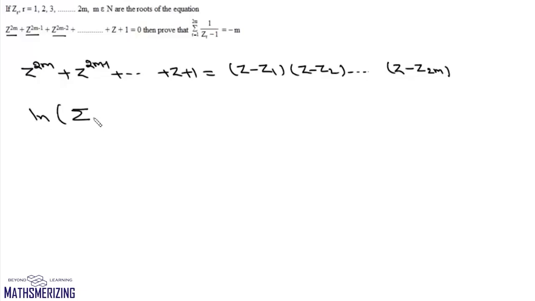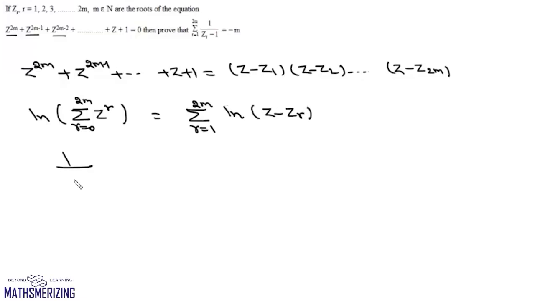Now if we take log both sides, we can write log and then summation Z to the power R, where R varies from 0 to 2m, will be equal to this summation log Z minus ZR, where R varies from 1 to 2m. Now what we'll do is we'll differentiate both sides.